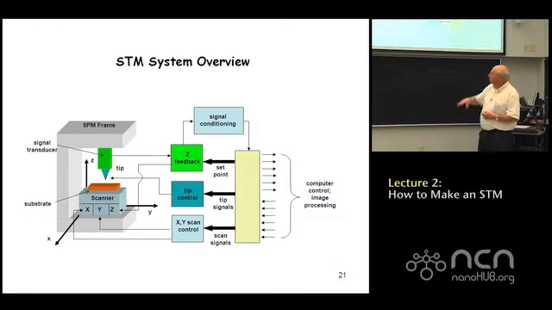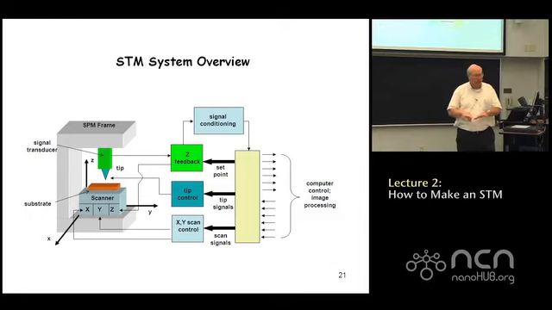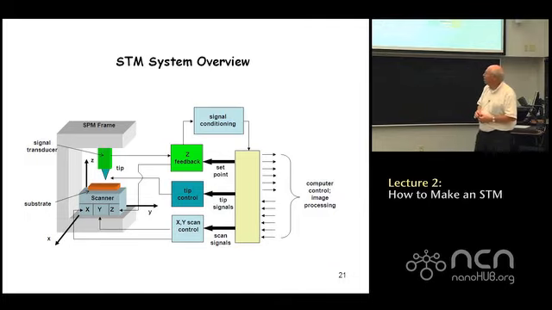There's usually some computer that sends signals to your scanning tunneling microscope. These signals control the XY scan, which allows you to raster the substrate underneath the tip in a controlled way. There's a tip control signal that allows you to constantly adjust the distance between the tip and the substrate to maintain a constant tunnel current.